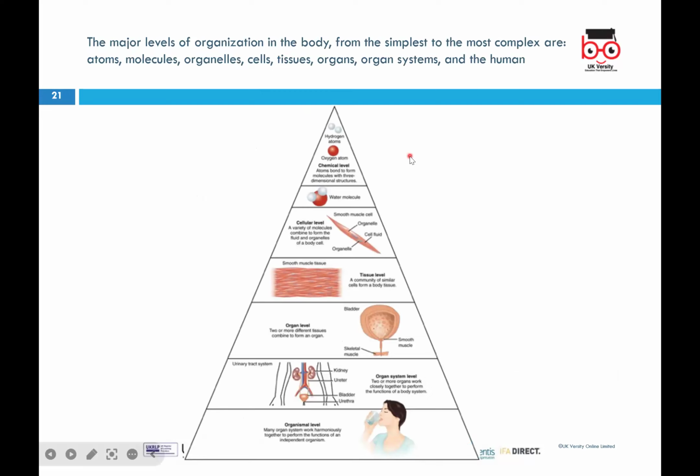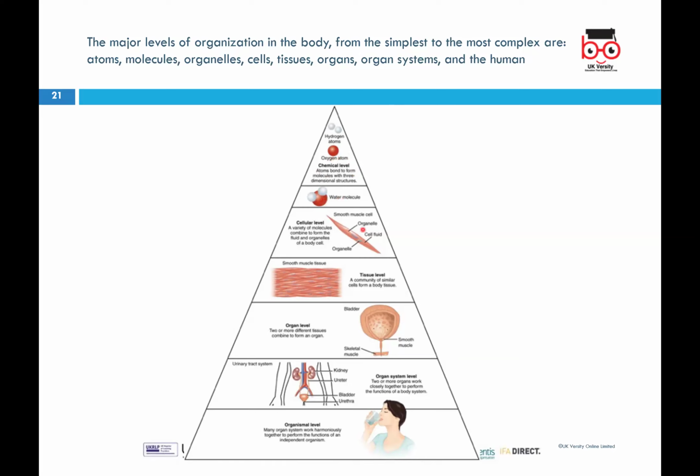So for instance, this is an organizational level, and you have different molecules, different cells. You have hydrogen atoms, for instance, oxygen atoms. The atom is the smallest particle that cannot be broken down further.